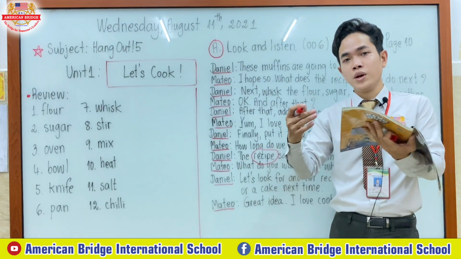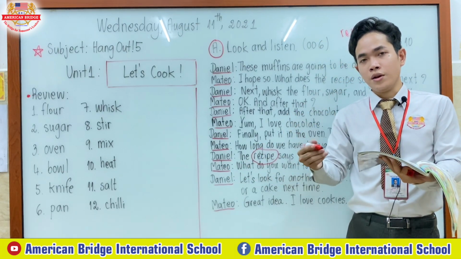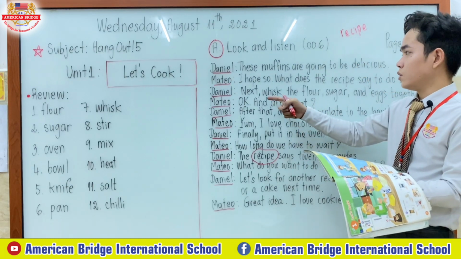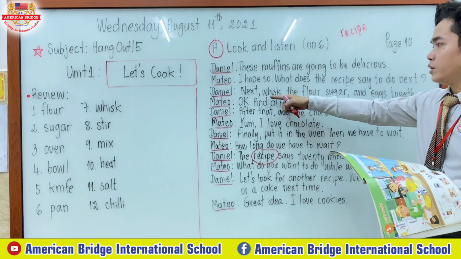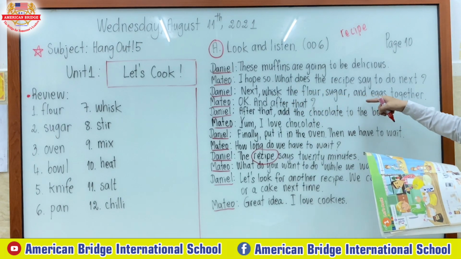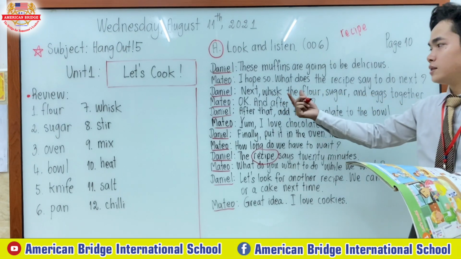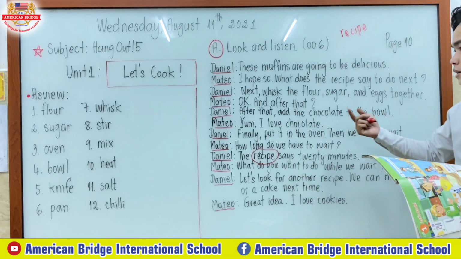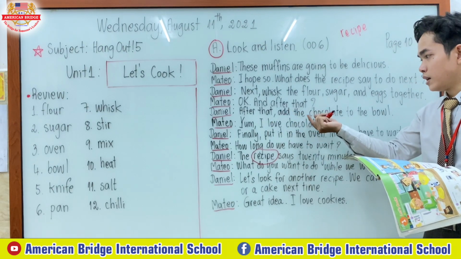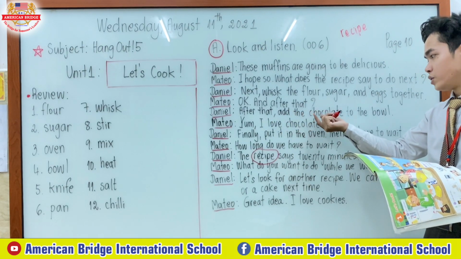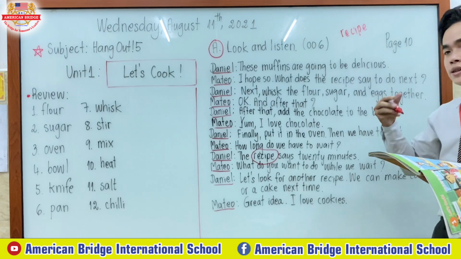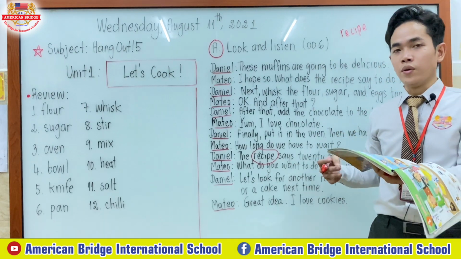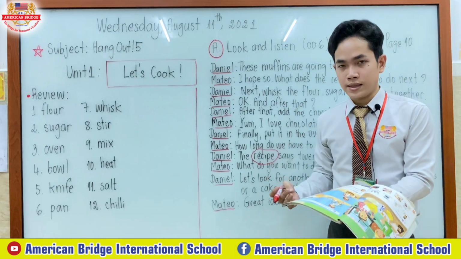For example, if you want to make a muffin, it will tell you first you need to, like in the example, first you need to do what? Yeah, you need to whisk the flour, sugar, and eggs together. So this is what the recipe says, right? And after that, it will say another sentence like add the chocolate to the bowl. This is the way the recipe says, or what a recipe is.